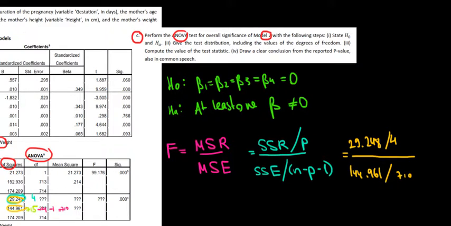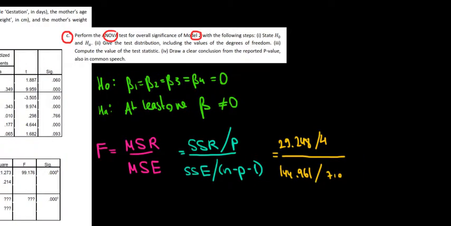If we do the calculation and get the result, it's going to be equal to 35.8. Now before we look at the conclusion, let's work out the intuition of what it means.